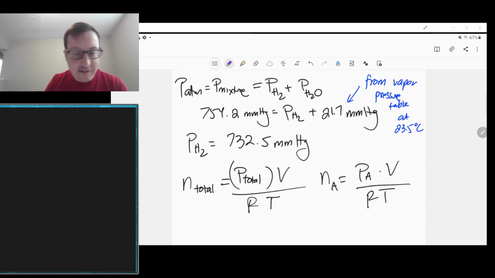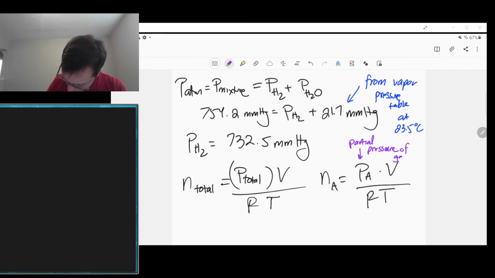And remember, if it's a single gas, these are the same, right? Because all of the pressure is contributed by one gas. But in a mixture, we have to use the partial pressure instead. That's the partial pressure of gas A, and that will be the moles of gas A.